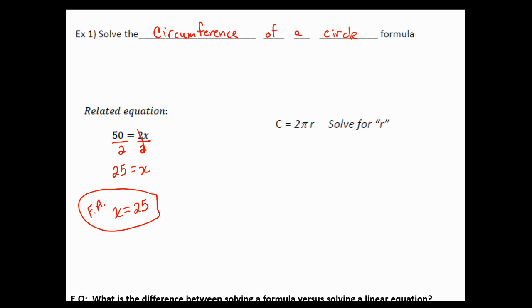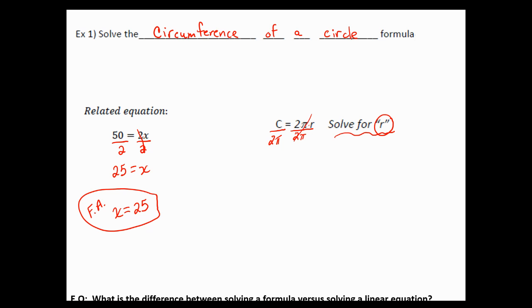All right. So how do we get x alone? We divided by 2. This one says, read the question, solve for r. Everything is being multiplied, right? Just like this one, there's a little multiply dot in there. So how do you undo that multiply? You divide on both sides. I need to get r alone, so I need to divide by the 2, and I need to divide by pi. Pi divided by pi cancels. It's okay to divide by pi. If you divide on this side by 2 pi, you have to divide on that side by 2 pi.